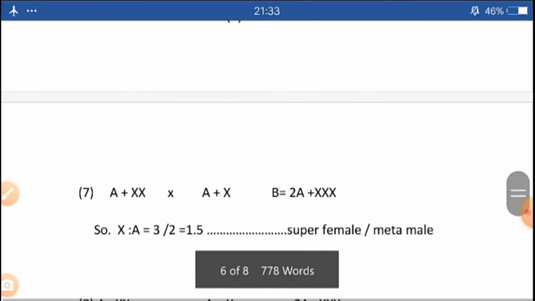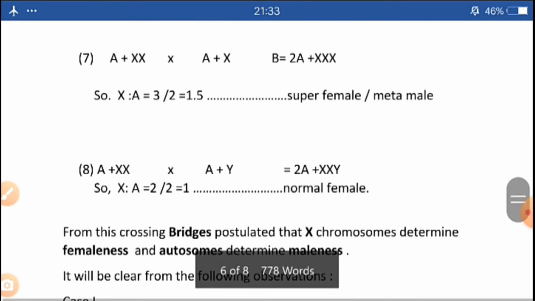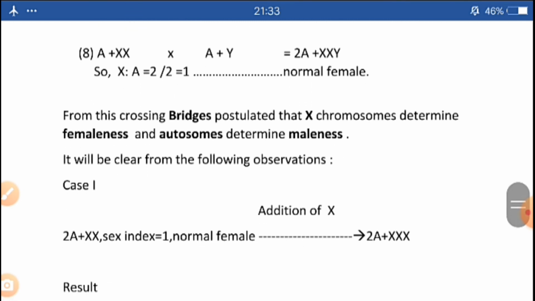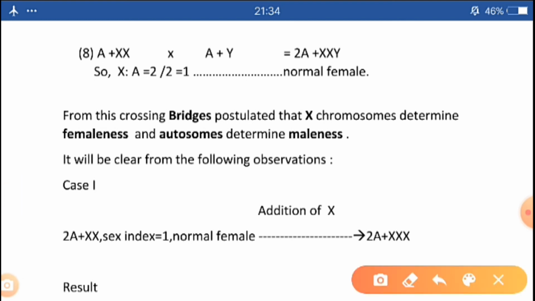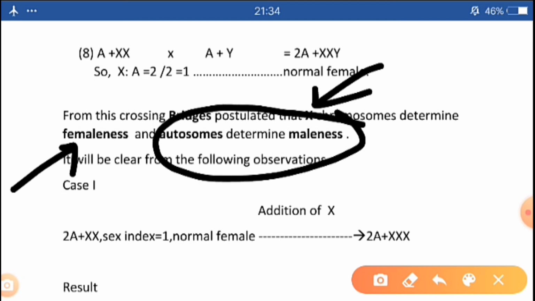Now have a look on the X, Y and A regarding the maleness and femaleness of Drosophila. From the above cross, Bridges postulated that X chromosome determines femaleness and autosomes determine maleness.